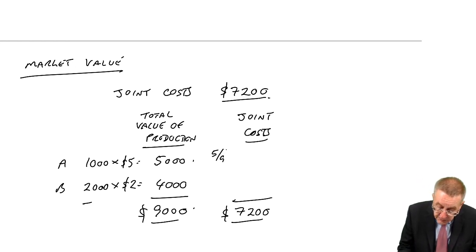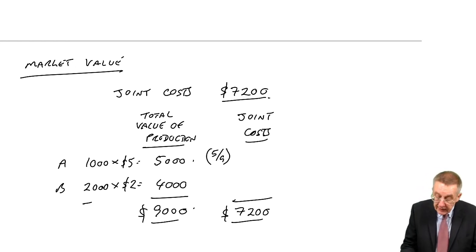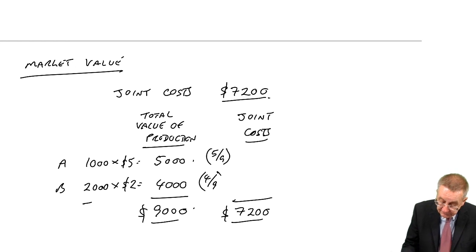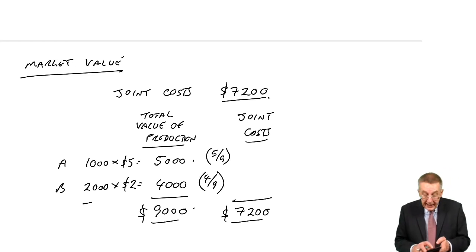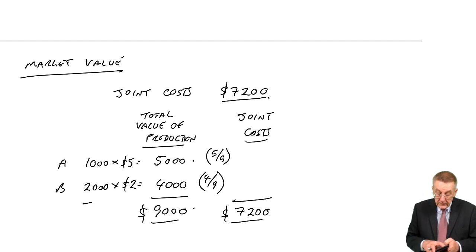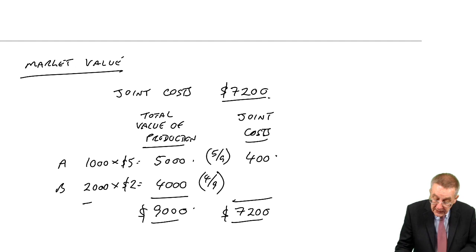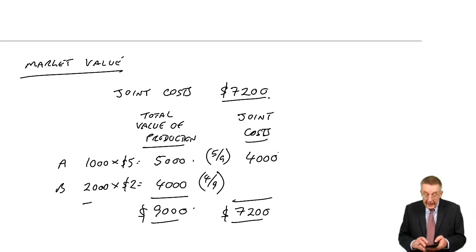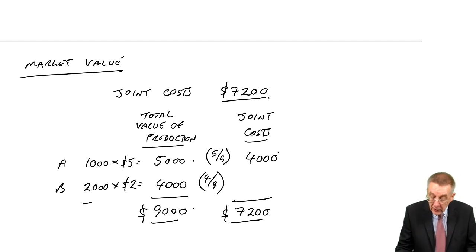So we'll give that proportion of the joint costs. And similarly B, the production has a value of 4 out of a total of 9. And so the joint costs to A will go 4,000, to B 4/9 of 7,200, I'll go 3,200.